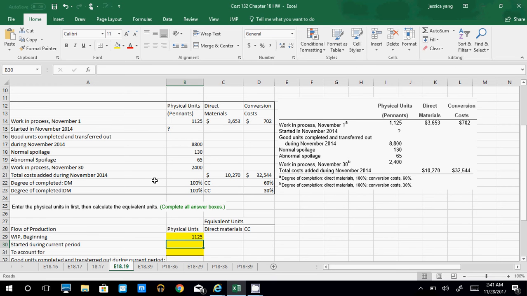For started during the current period, we take goods units completed and transferred out during November 2014 of 8,800, plus normal spoilage of 130 units, plus abnormal spoilage of 65 units, plus work in process November 30th of 2,400 units, and subtract the work in process November 1st of 1,125 units.